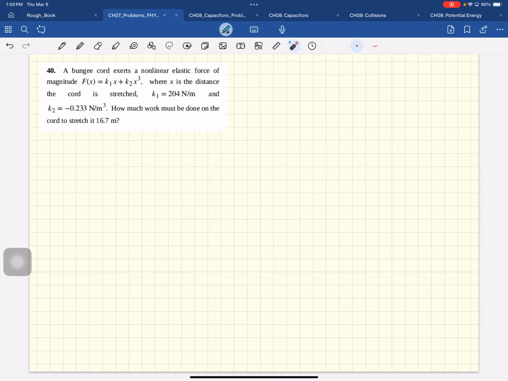Actually these signs are flipped, so this should be negative and that should be positive. Okay, so there's a typo there, it looks like. All right, anyway, this should be negative, so they should both be negative.